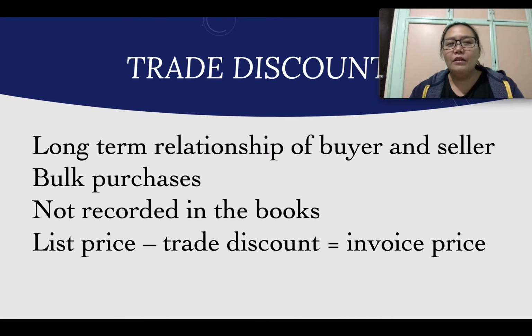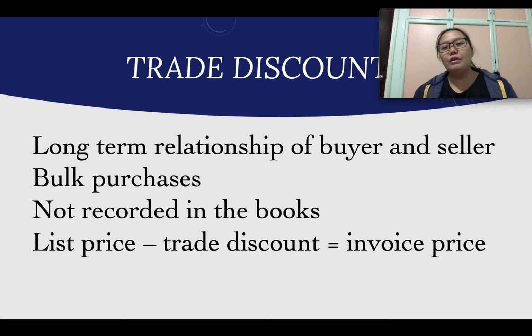In our example, 100,000 times 30% is 30,000, so the invoice price will be 70,000 only. No, that is wrong. Whenever you are given a series of trade discounts, you have to apply the first discount first, and then using the net amount after the first discount, you have to apply the second one.